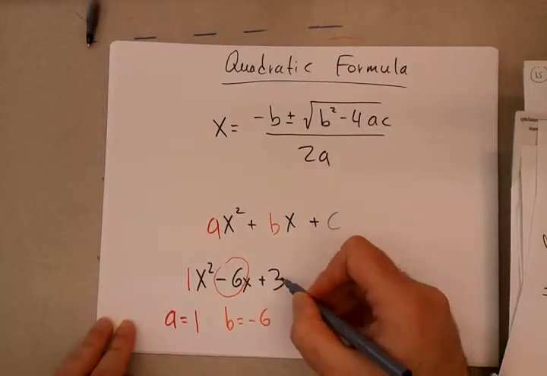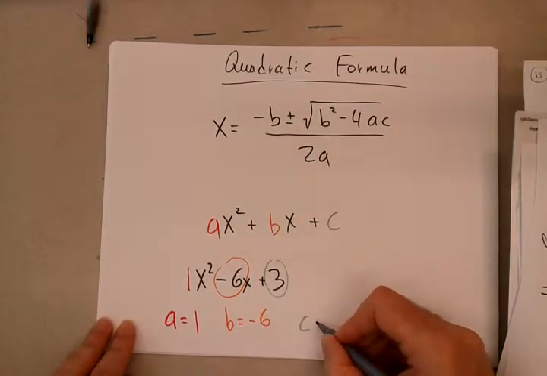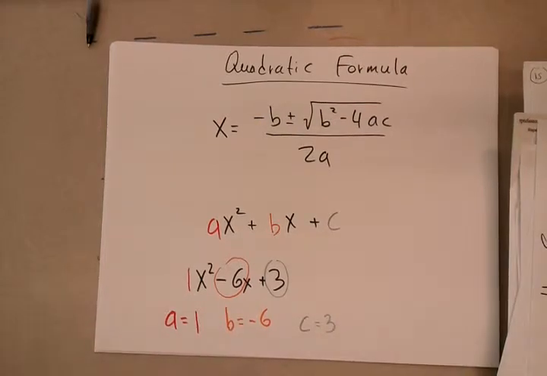So in this case, our c is right here. It's the 3. Now that you have these 3 numbers, all you need to do is plug them into the quadratic formula and just solve it. I know it sounds like a very complicated thing to do, but it's actually not so bad. So let's look at a different problem, and we'll find the a, the b, and the c. We'll plug them in, and we'll actually work it out.